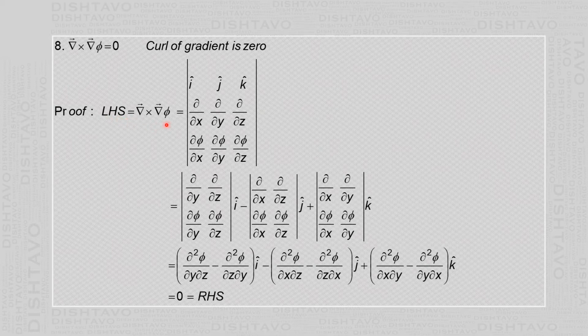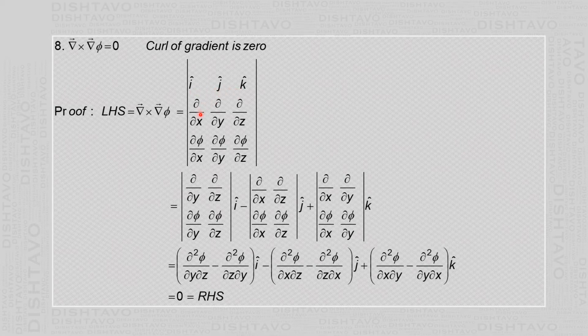We have to find here the cross product of del and del phi, and that can be found by using a 3 by 3 determinant. The coefficients of the first row are unit vectors i cap, j cap, and k cap.